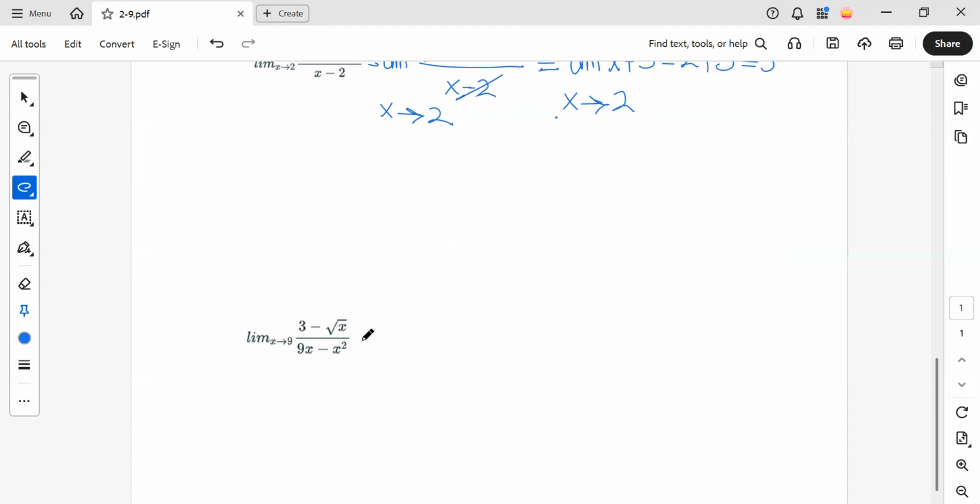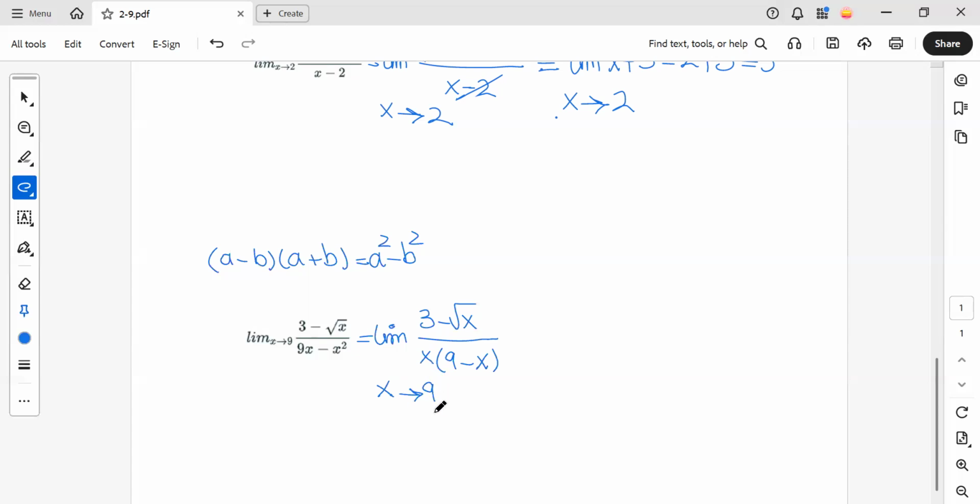And for the last one, I remember that we had a formula that a minus b times a plus b is equal to a squared minus b squared. So I can rewrite the quotient as 3 minus the square root of x over, for the denominator, I can factor out x and I'm left with 9 minus x when x is approaching to 9.